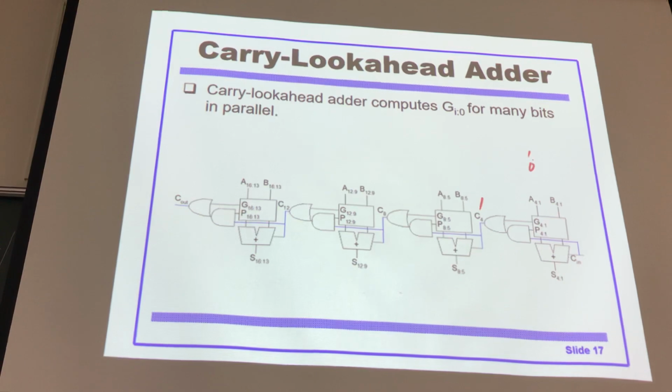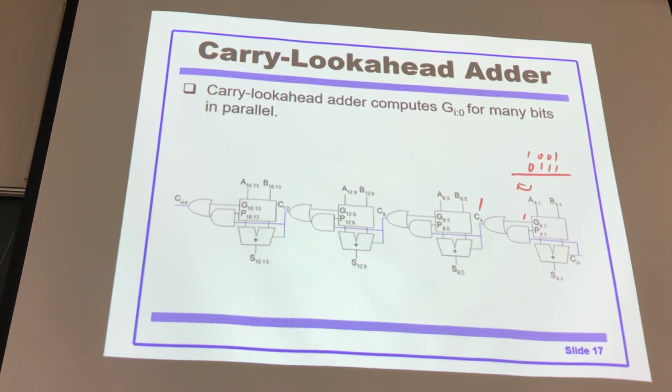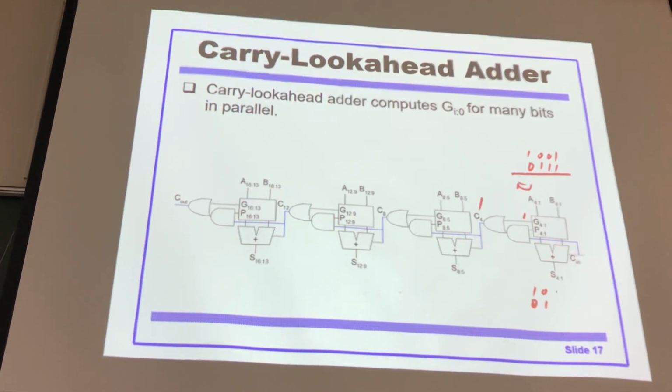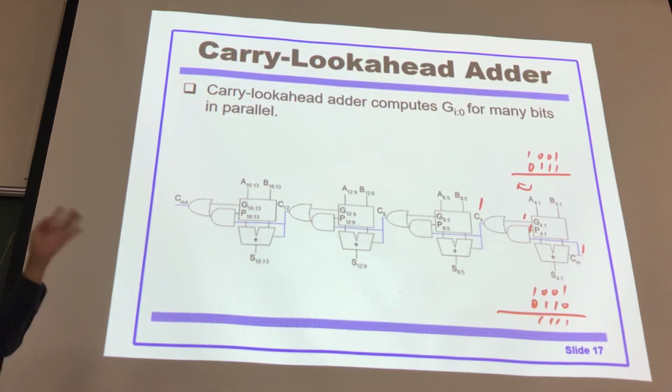If by itself you have carry generate, you can carry out. Otherwise, you will carry propagate: 1 0 0 1 0 1 1 0, you get 1 1 1 1. You get carry propagate, and the carry in is 1. You also get carry out 1. Only these two cases will produce carry out 1. Is that right?